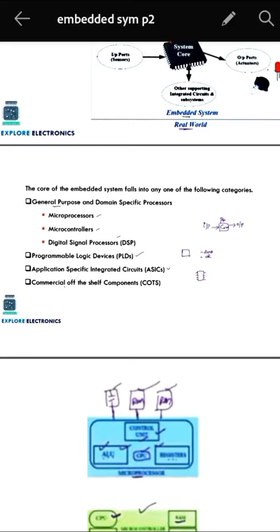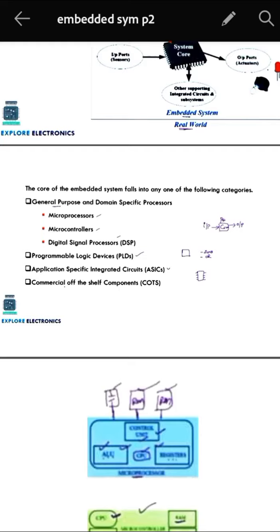Okay, before studying the difference between the microprocessor and microcontroller, we have to see the block diagram of the microprocessor and microcontroller. The microprocessor contains the ALU, CPU, some registers and control unit, whereas the microcontroller contains the CPU, I/O ports, timers, RAM and ROM.